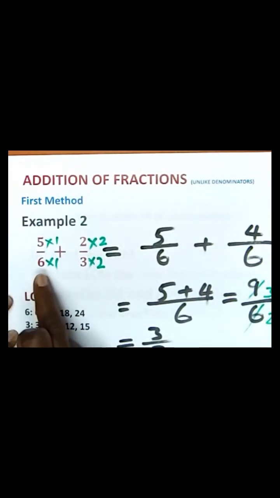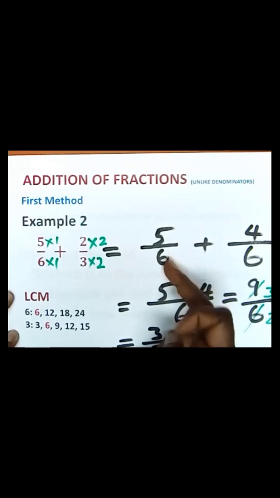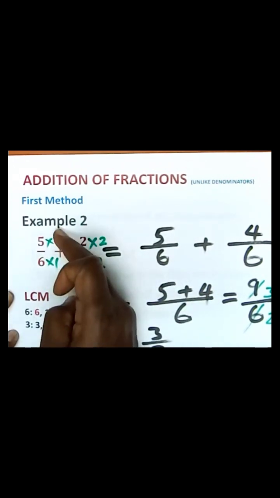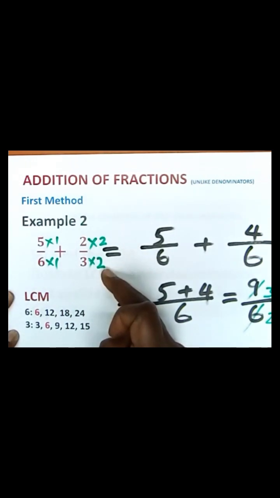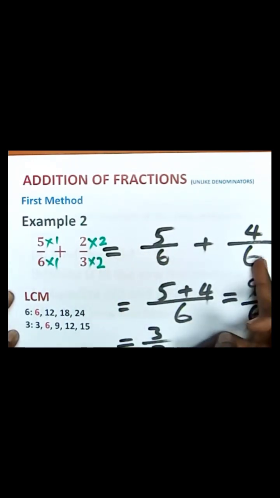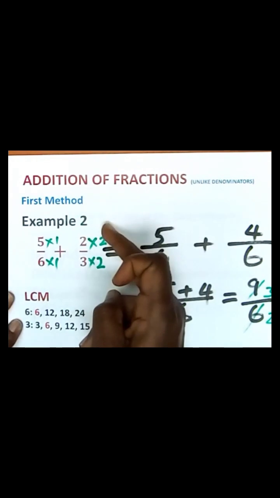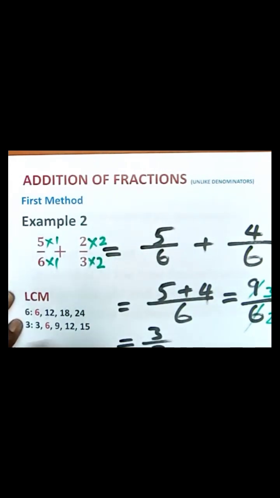Then find out what you did to the first denominator to get the new denominator. Do the same thing to the numerator. Find out what you did to the second denominator to get that LCM, and do the same thing to the numerator. And with that, you are good to go. Rest is as easy as ABC.